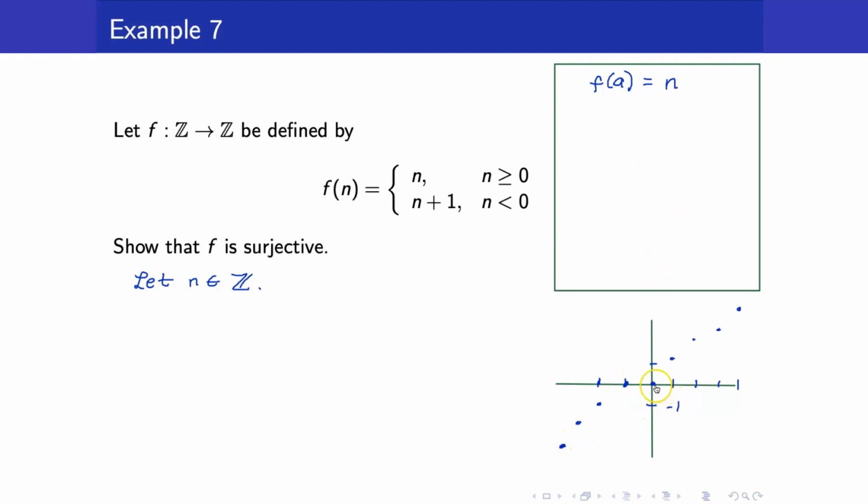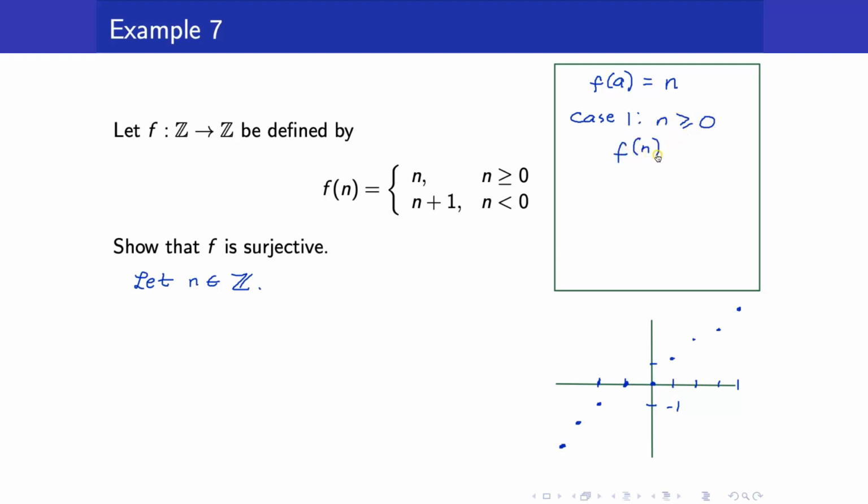So therefore, we will divide our proof into two cases depending on the sign of n. So case 1, if n is greater than or equal to 0, what would be the pre-image of n?